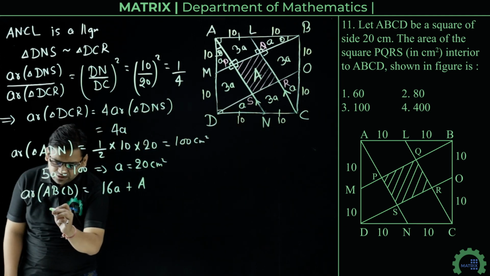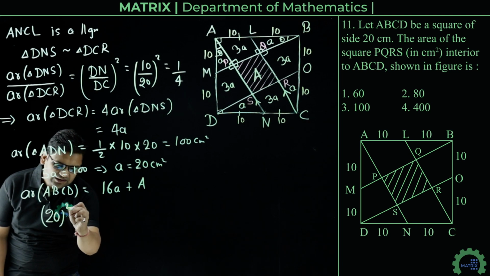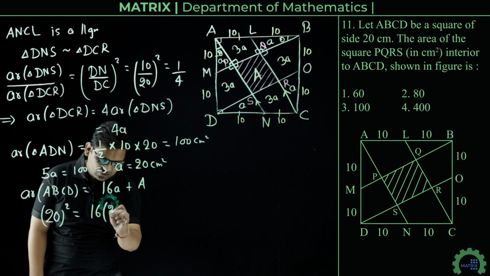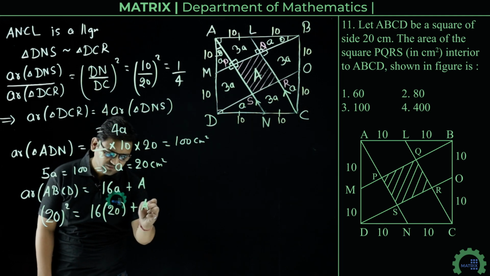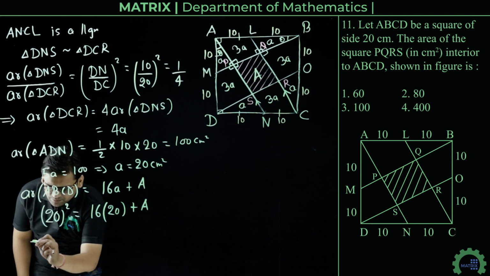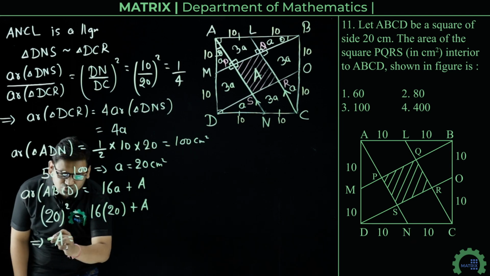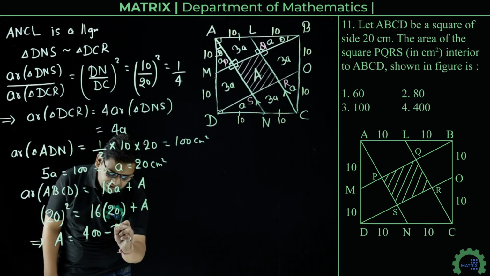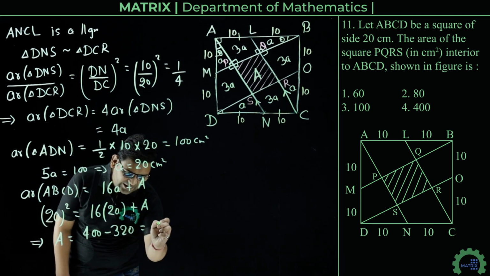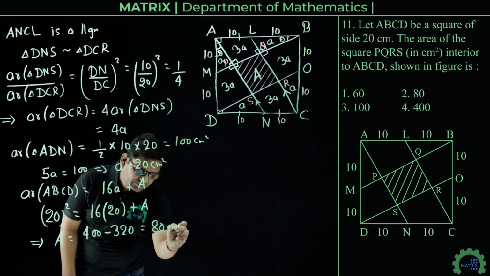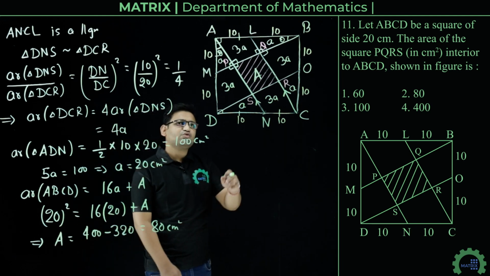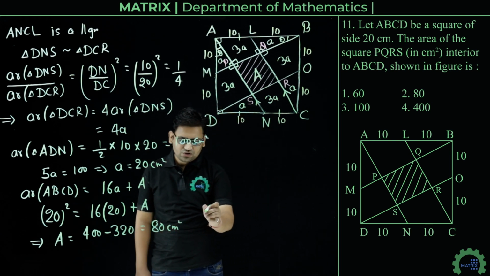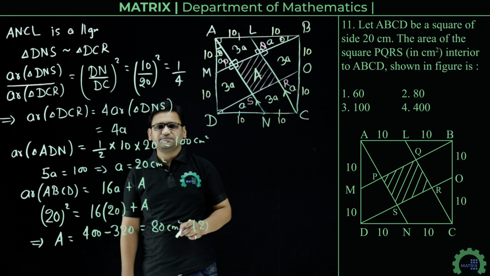So 400 equals 16 into 20 plus capital A. So capital A will be equal to 400 minus 16 into 20, that is 320, so we get 80 centimeter square. Hence the area of square PQRS is 80 centimeter square, which is option number 2. So option number 2 is the correct answer.